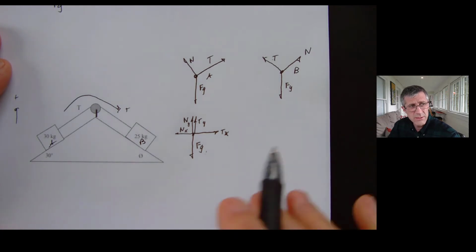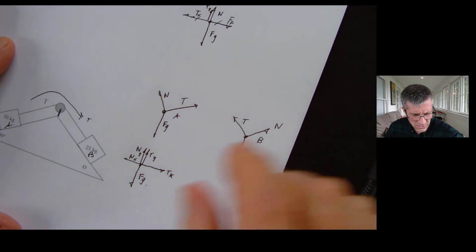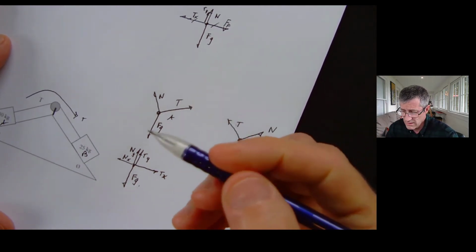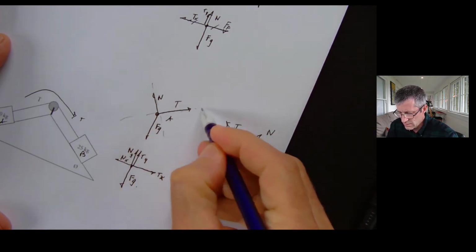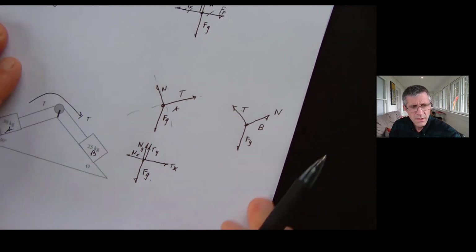I'm just going to rotate my paper, and draw an X and Y axis which lines up with more forces and gives me less math to do. I'm going to end up having my X axis going along the tension and my Y axis going along the normal force.